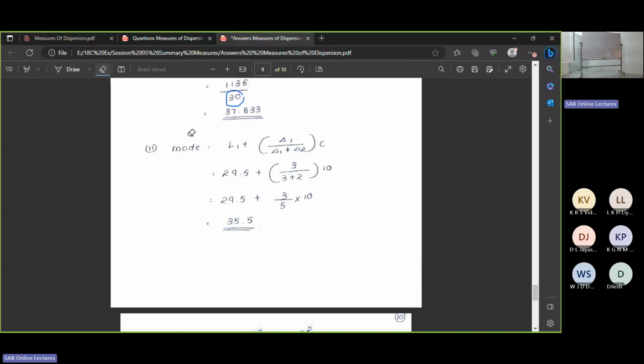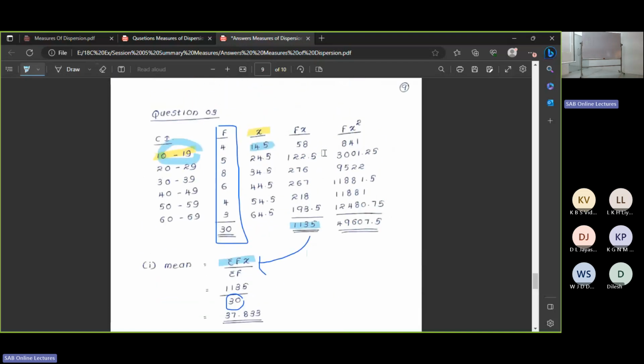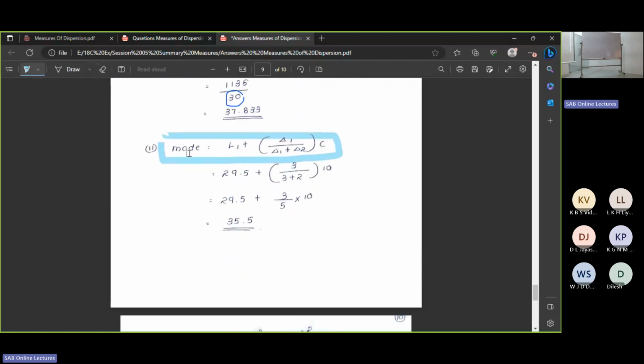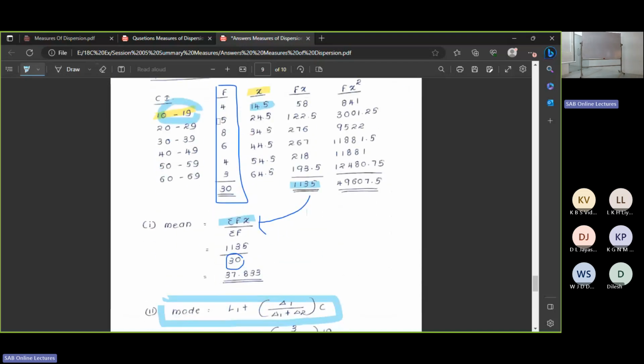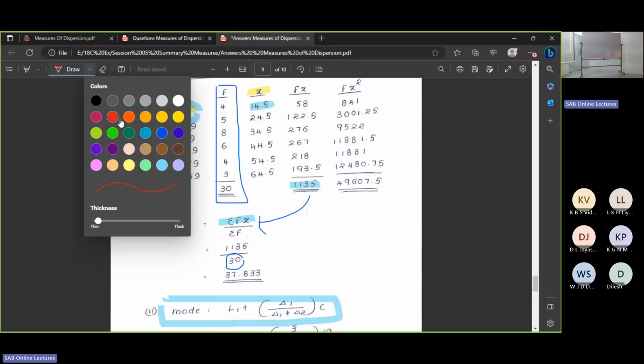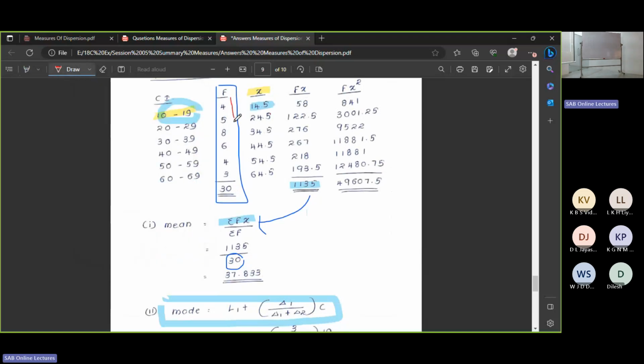This is the formula we can use to find the mode value: L1 plus delta 1 divided by delta 1 plus delta 2, times c. First step is, what is the most frequent value? In the group frequency distribution, how do we find the most frequent value? Moving down the frequency column, we look at what is the highest frequency. 8 is the highest frequency.